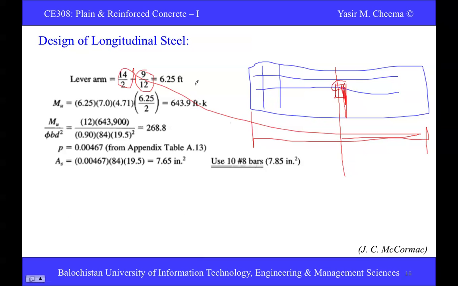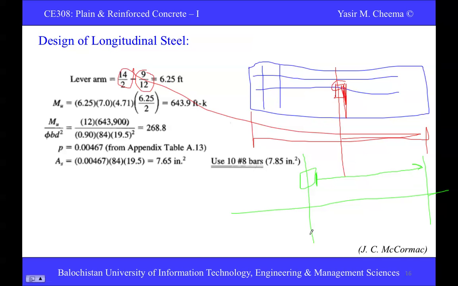We need to determine the moments at the surface of the column. This is the column. So the total length is 14. Let's say this is the center and this is one extreme. We need to find the moment arm from this to this one.